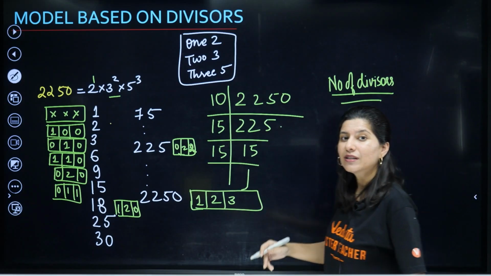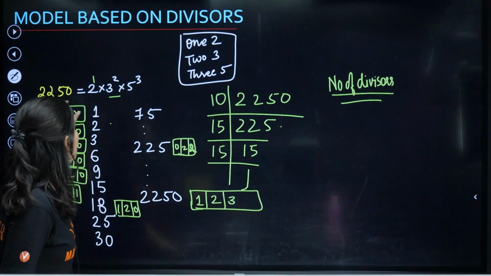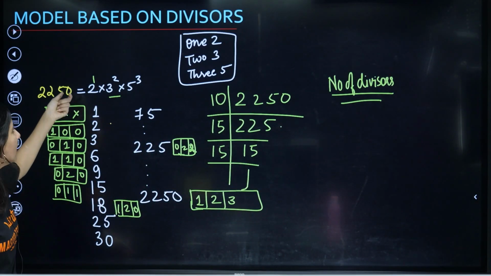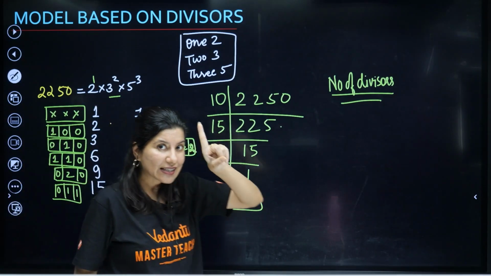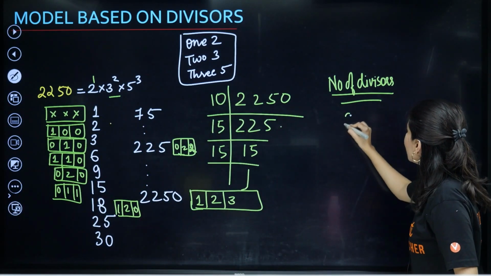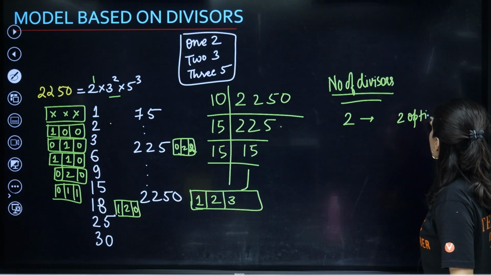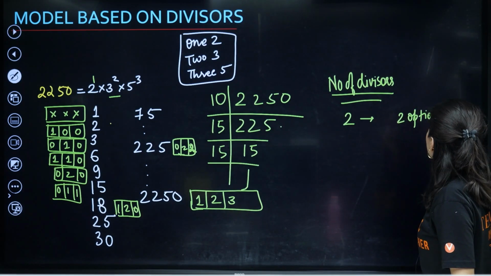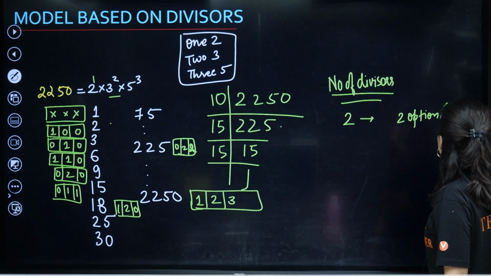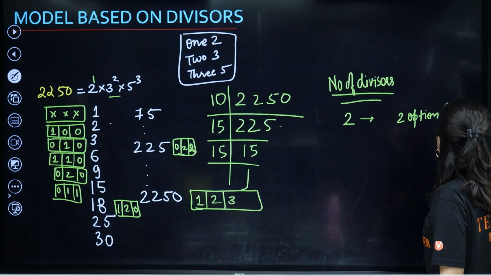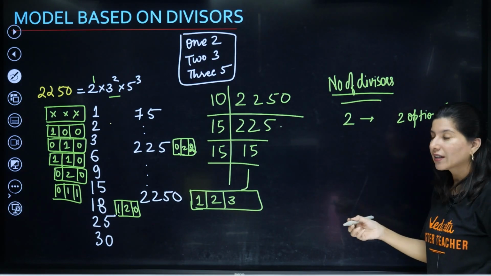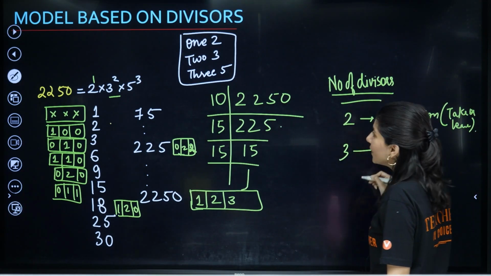So first of all, the very first step is to calculate the prime factorization. Now 2, you are having a single 2. So for 2 you have 2 options, either take it or leave it. Taking 0 times or taking 1 time. 3, you are having how many options?